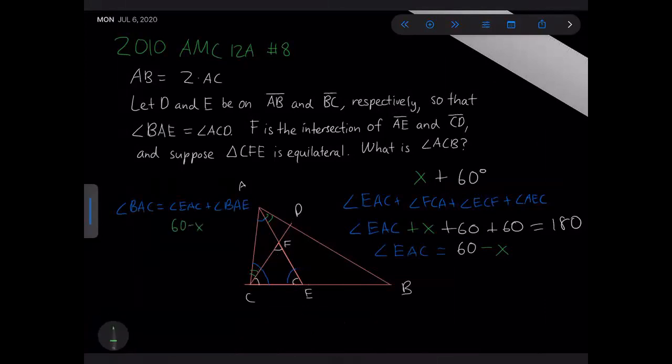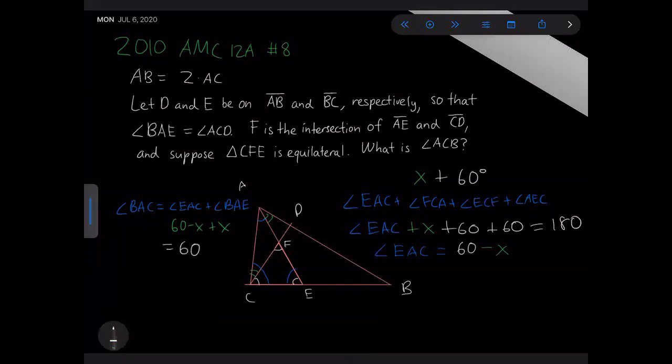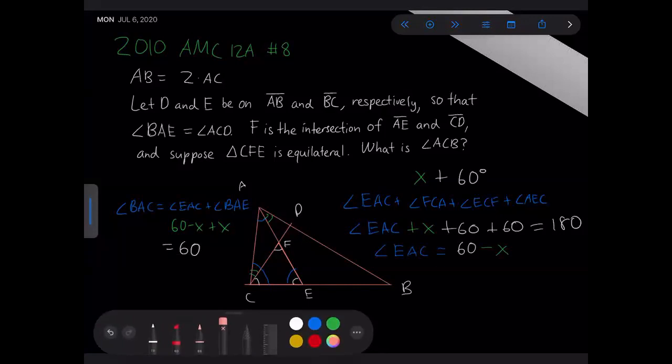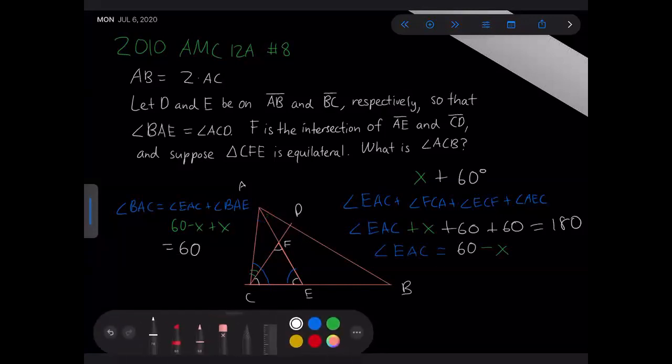And then angle BAE is equal to X, because it's highlighted in green. So angle BAC is equal to 60 degrees. So we can write that over here. This is also 60.